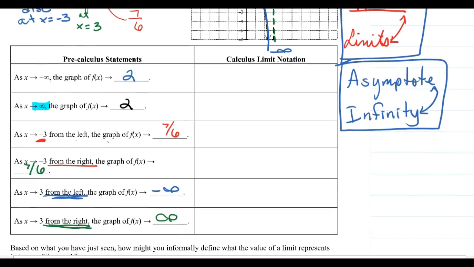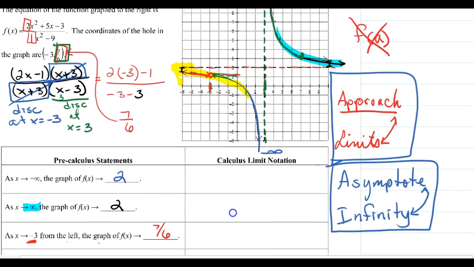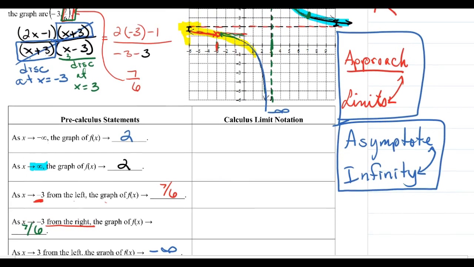Okay. Now, these were how we phrased these in pre-calculus. In calculus, we have a bit of a shortcut notation. When I am saying as I approach, remember approach means limits, and limits means approach.